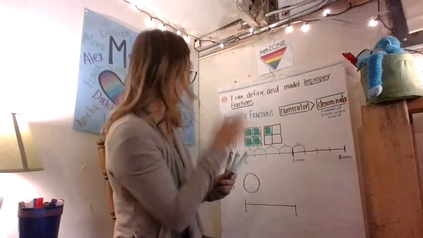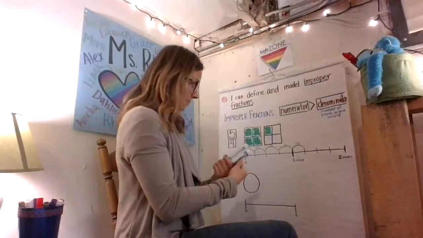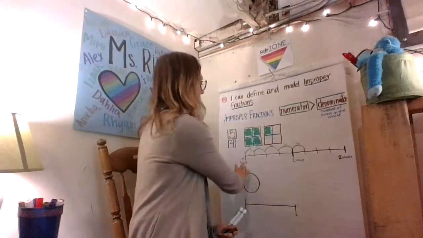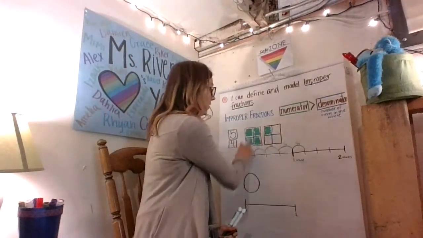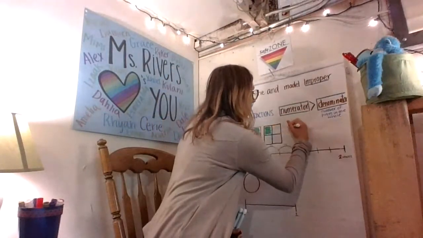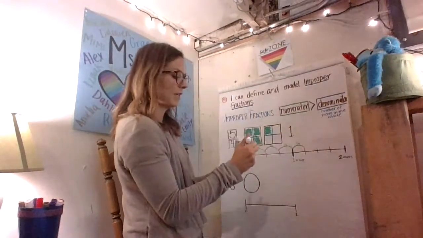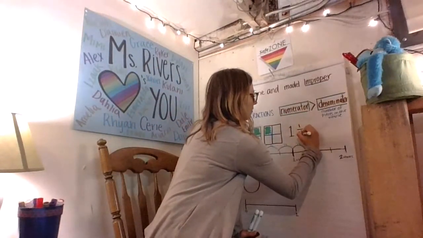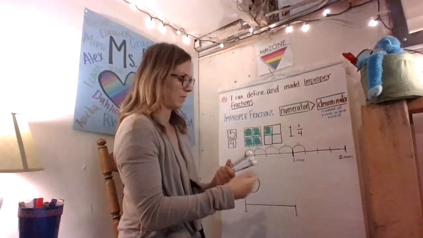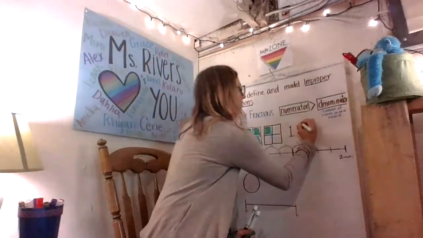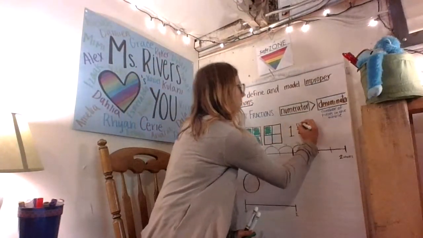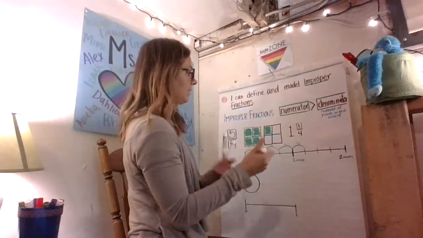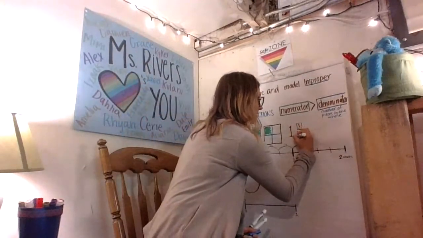Another way that I could write 5/4 would be 1, because I have 1 whole complete, and 1/4. So my numerator is now 1 and my denominator is still 4.